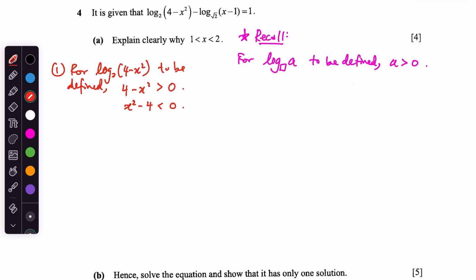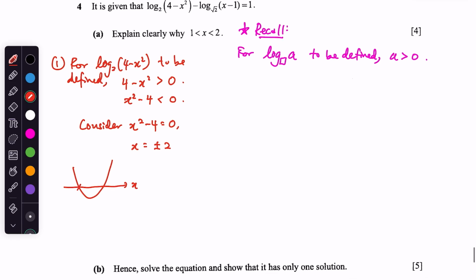If I want to solve this inequality, this is a quadratic inequality. When you have a quadratic inequality, you always consider the equality case. So let's consider when it's equal to 0. In this case, I can solve this very easily. x must be plus minus 2, which means the x squared minus 4 curve looks like this. It's a smiley face curve. I will have the two roots, negative 2 and positive 2. I want to solve for the case where it's less than 0, which is this part.